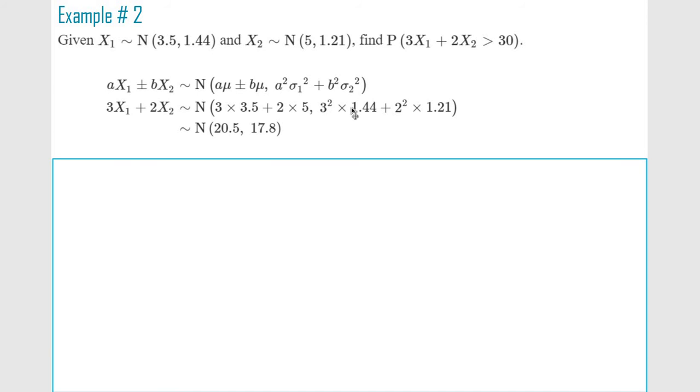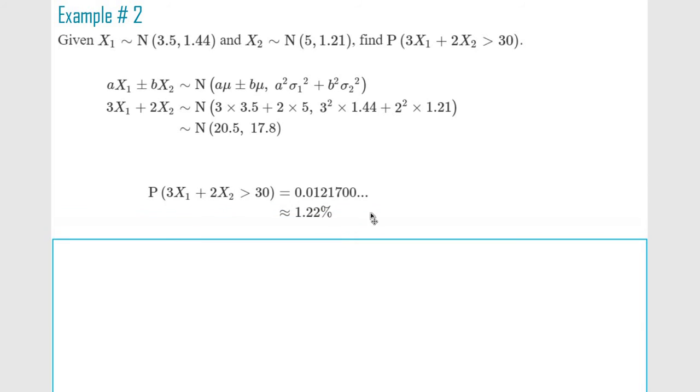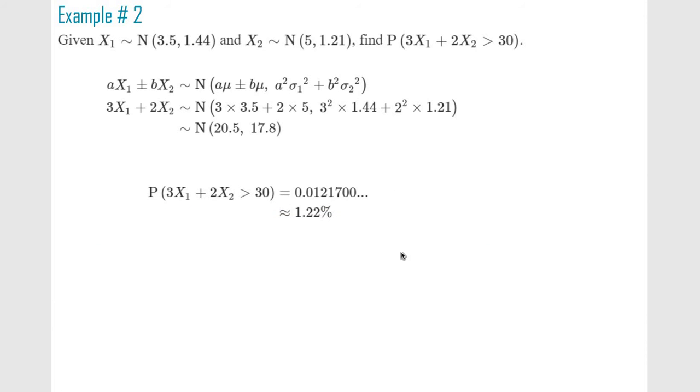Remember, with variance, you have to square it first. So you do that algebra, and this is your new mean, and this is your new variance. Now all you have to do is find the probability. It should be 1.22%, rounded to 3 sig figs.